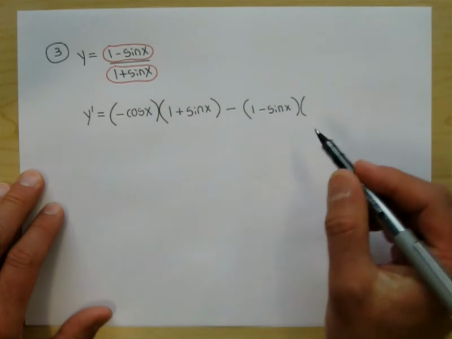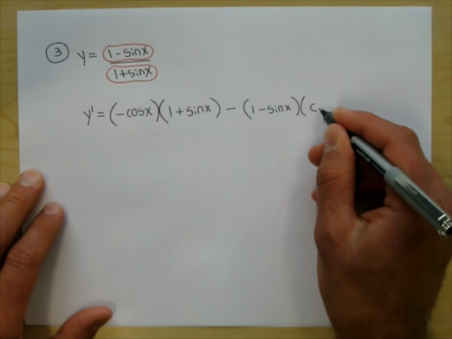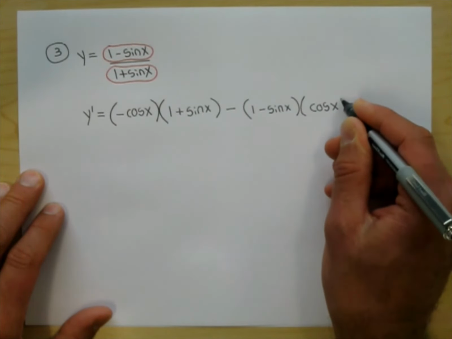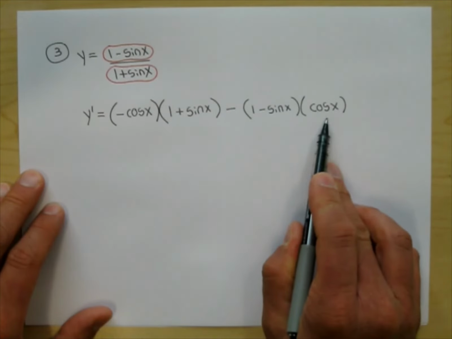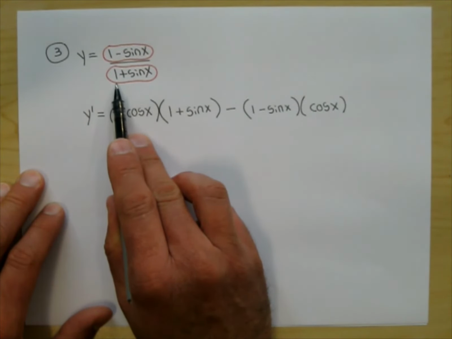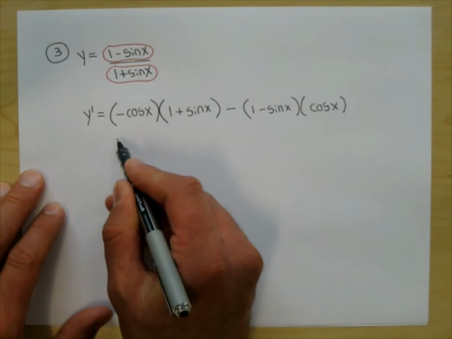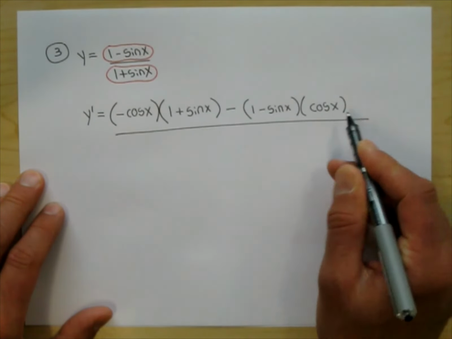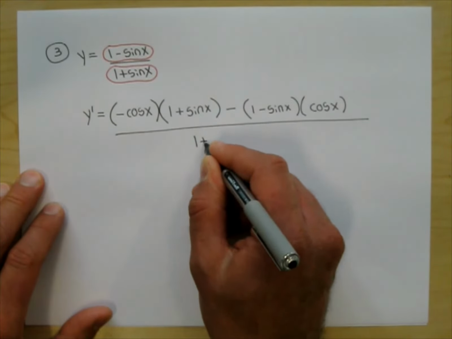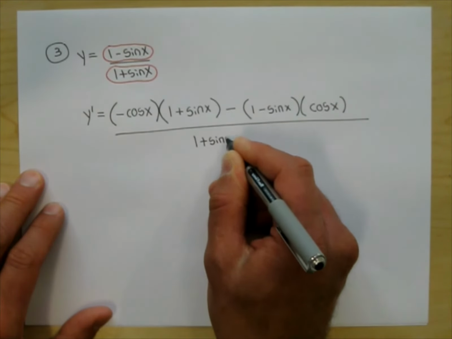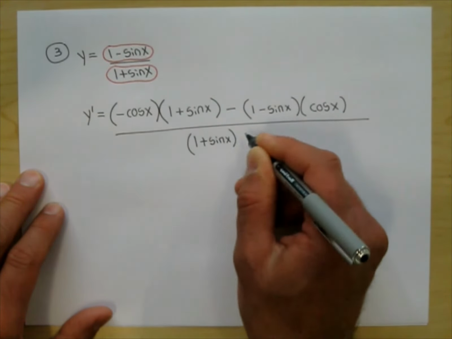The derivative of the bottom is cosine x. And you might be wondering what happened. The derivative of 1 is 0. The derivative of sine x is cosine x. So that's going to be all over the bottom squared.